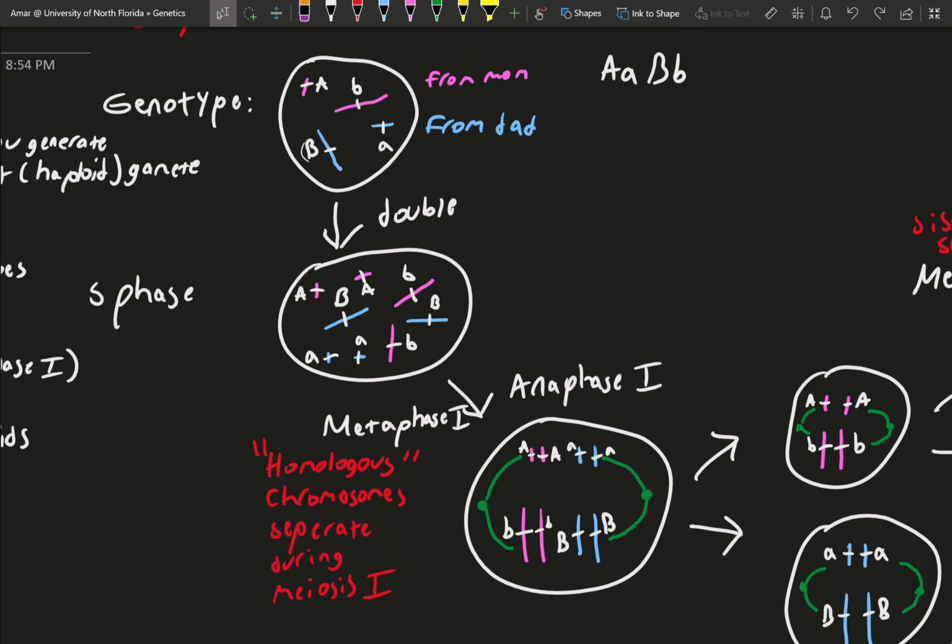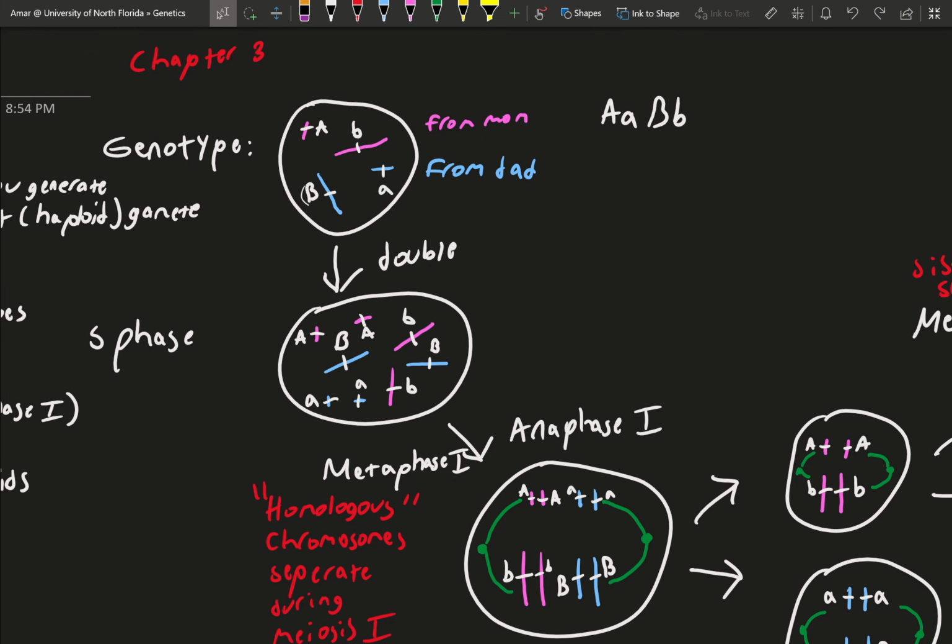And if you have a question about why I drew them separated out like this, with some chromosomes really far apart in different orientations, that is extremely important, because whenever you have the genotype, your chromosomes are never going to be aligned. They're only going to be aligned during the phases of separation, where the homologous chromosomes are going to be aligned, stuff like that.